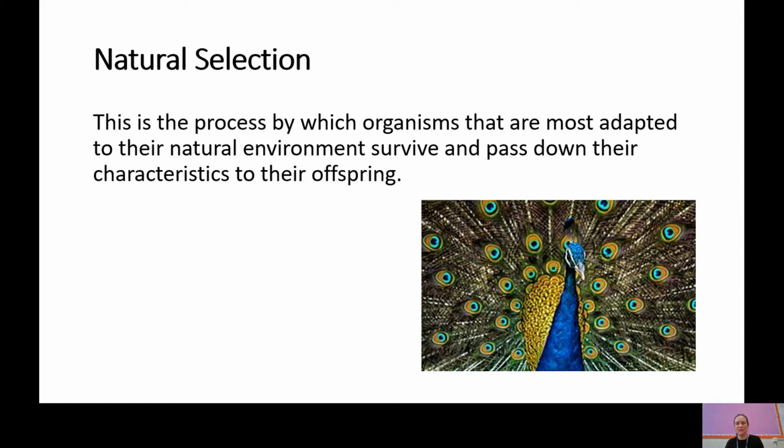Okay, and I've got just a picture of a peacock here, and essentially the peacocks with the brightest display of feathers, they're the ones that reproduce and are able to breed, and therefore they pass down their really bright and beautiful display of feathers, and therefore that is an adaptation that they have used.